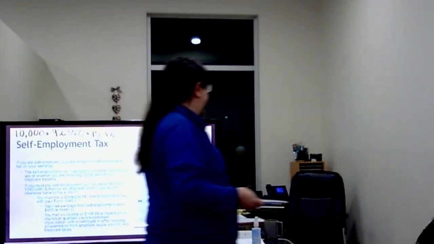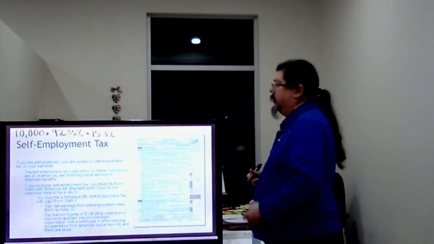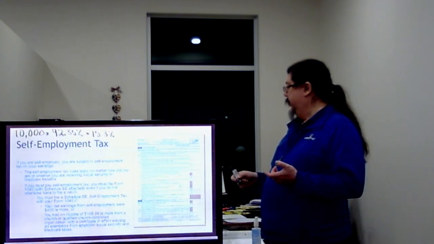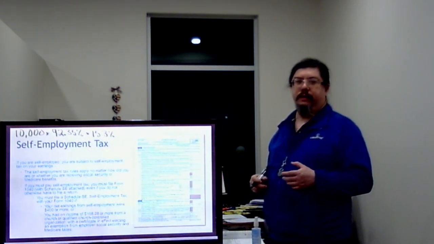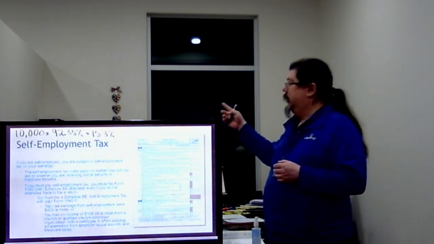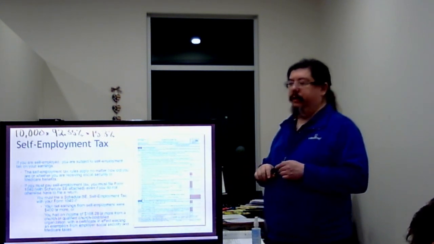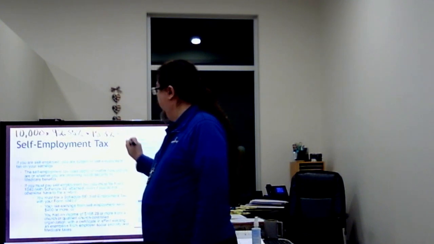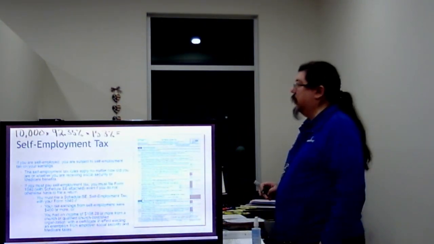If your self-employment income is more than $147,000, or if your regular employment income plus self-employment income is more than $147,000, then the computation is a little more complicated. But I won't go into that, because most people are under that. Most of our clients are under that threshold.